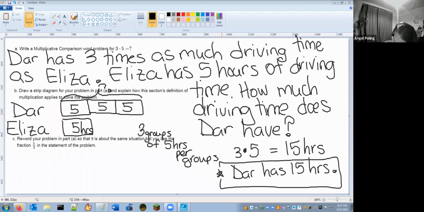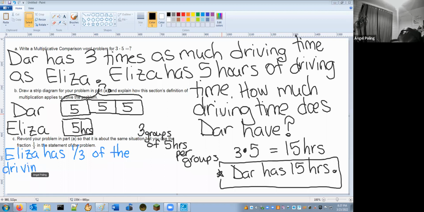So let's alter and say Eliza has 1/3 of the driving time that Dar has. That replaces our first sentence. And then everything else is the same.